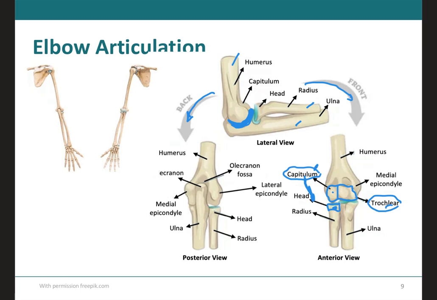And these bone features we can clearly see on the anterior view. On the posterior view, what you will see is that the olecranon fossa, which was that big depression that we saw on the humerus in the posterior view, will accommodate the olecranon of the ulna.